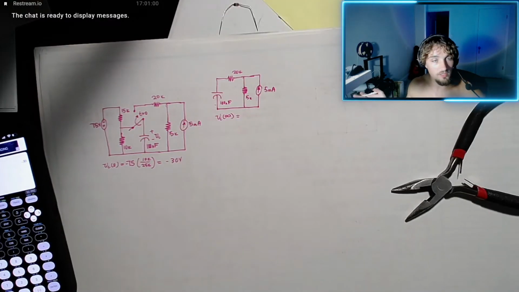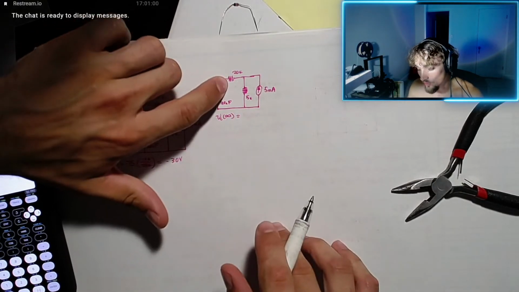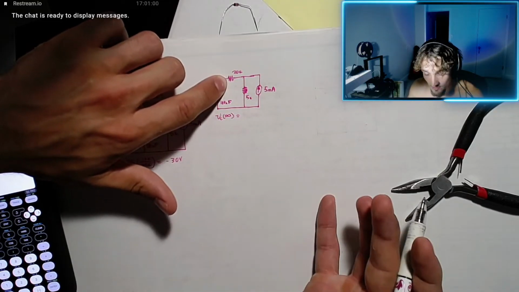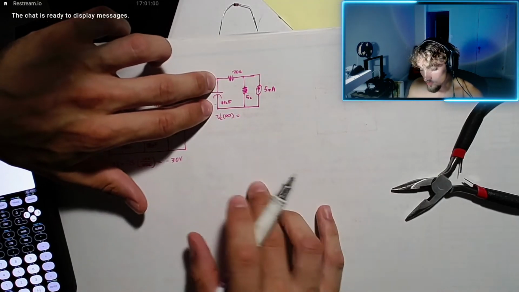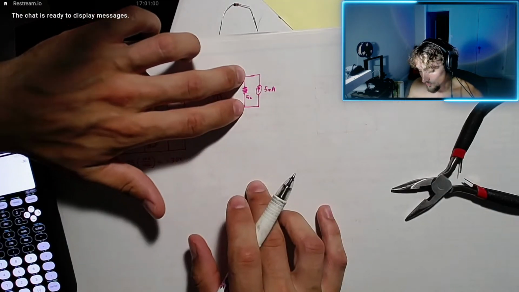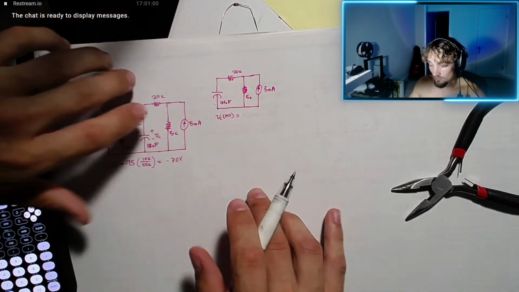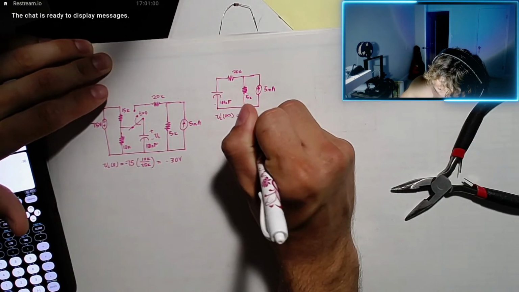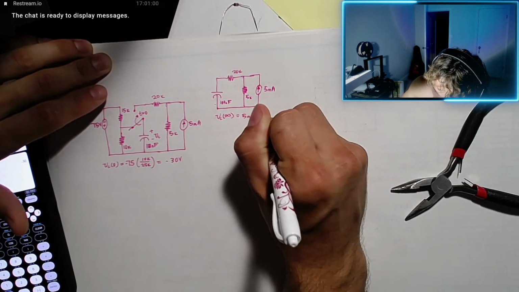Remember the properties of the capacitor: as t approaches infinity, the capacitor looks like an open circuit. If this were an open circuit, there'd be no current flowing through this resistor, therefore there'd be no voltage drop across it, and the voltage developed across our capacitor would just be the voltage developed across this 5K resistor here. So it's simply going to be 5 milliamps multiplied by 5 kilo ohms.